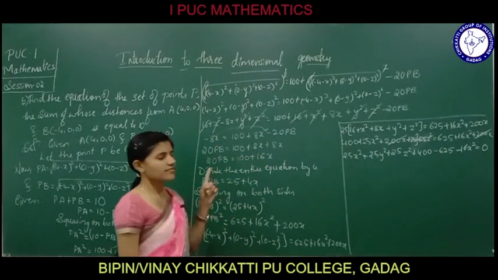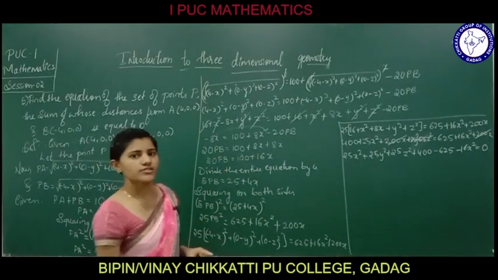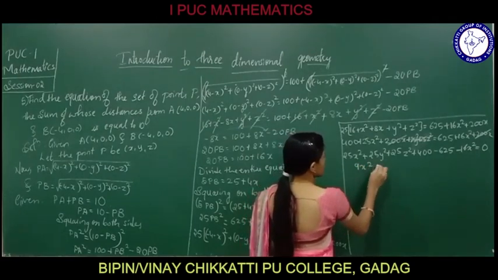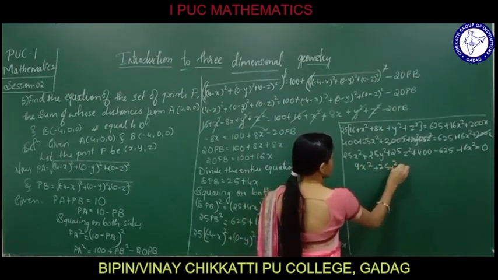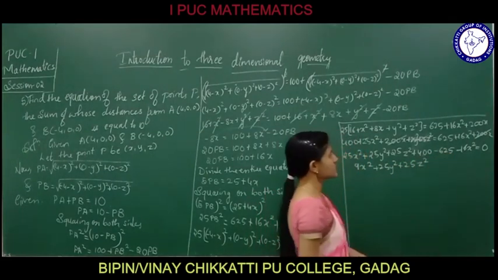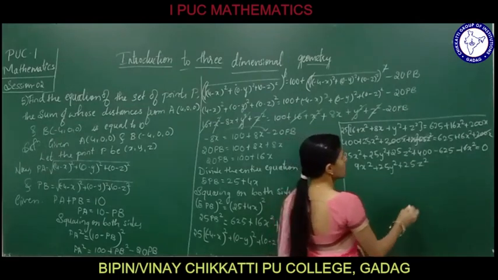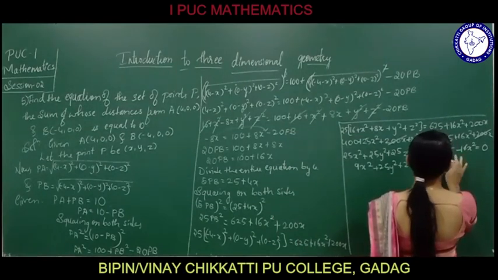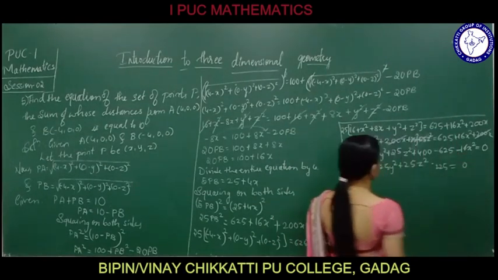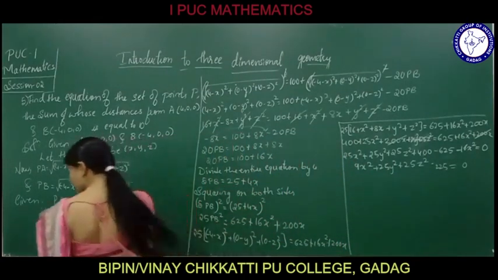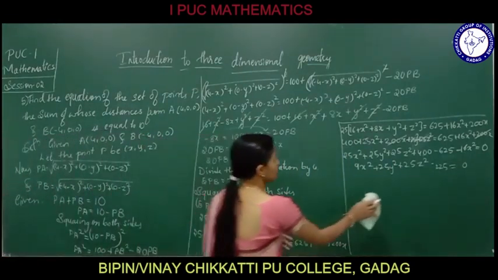Now 25 minus 16, what is it going to be? 9x square plus 25y square plus 25z square. 400 minus 625, we are going to get minus 225 is equals to 0.